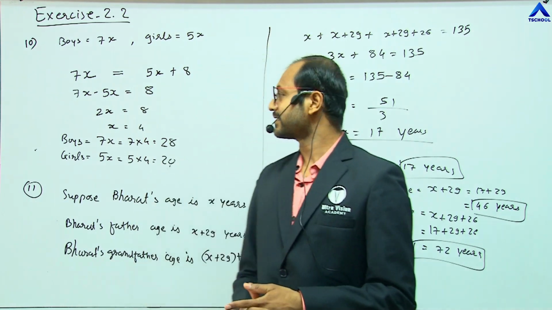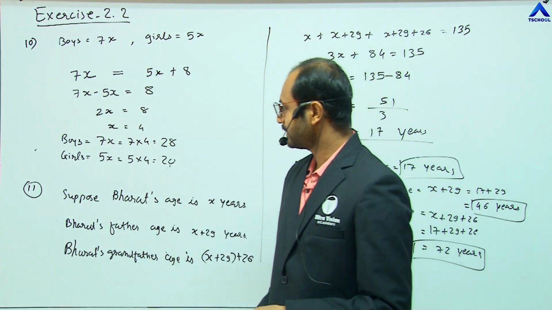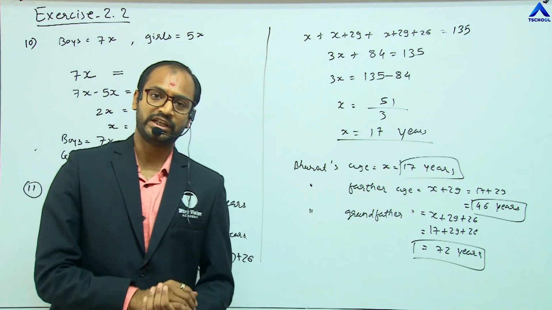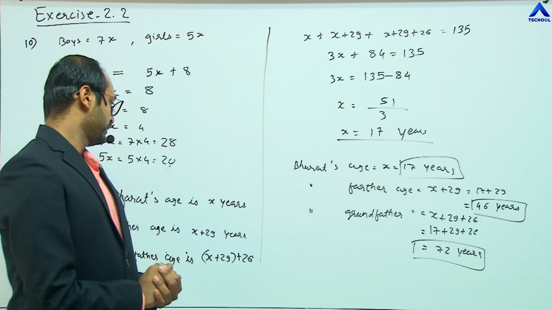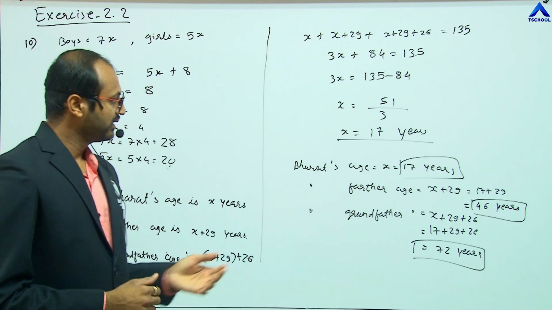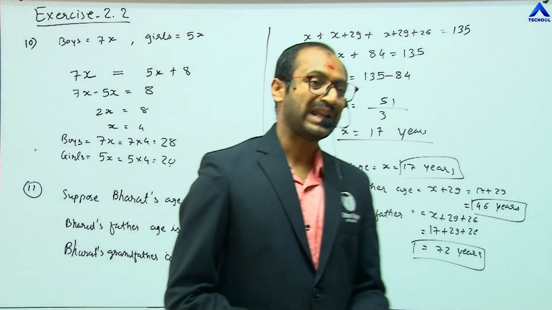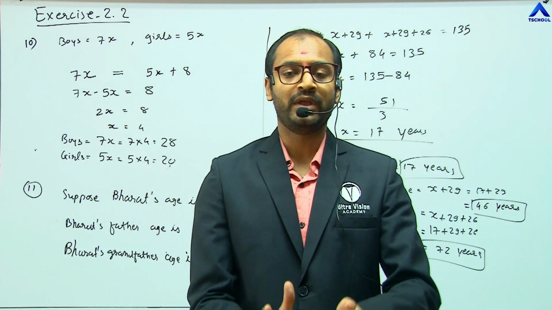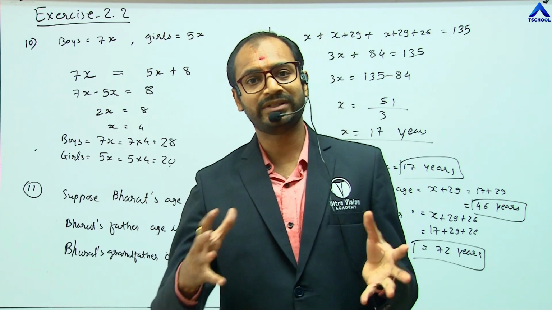So today we have discussed some problems on age, on consecutive integer numbers, and on the number of boys and girls. Such types of problems are all practical problems. We can find the value of unknown things if we know the relationship among them.